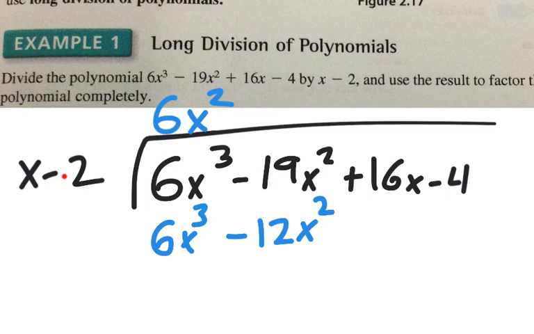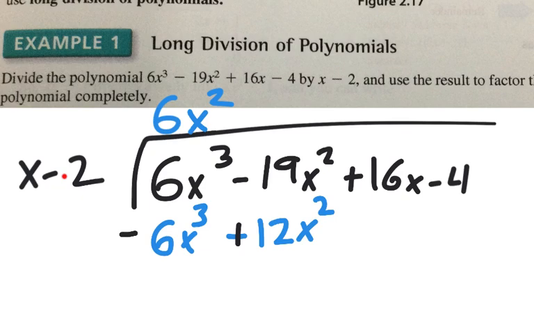Now, what happened in our division problem over here? We chose to subtract because that is part of the process of dividing. So what do I have to do now? I have to subtract, which means I'm changing the sign of everything on that line.